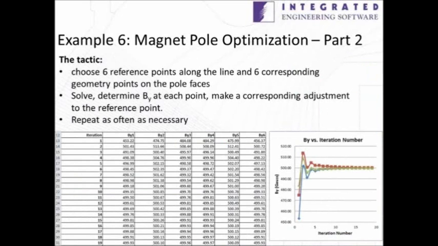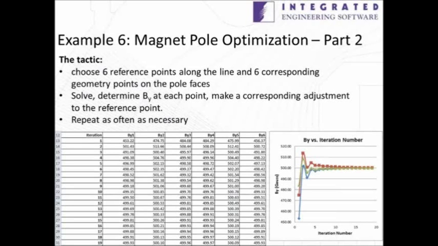And we'll also divide the reference line where we make the plot into 6 sections and create a one-to-one correspondence. So that when I run an analysis and inquire the field at those 6 points, if it's too high, I say I want to move the corresponding pole face a little further away. If it's too low, I want to move the corresponding pole face point a little bit closer.